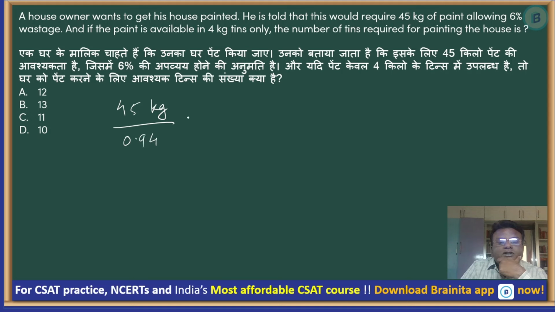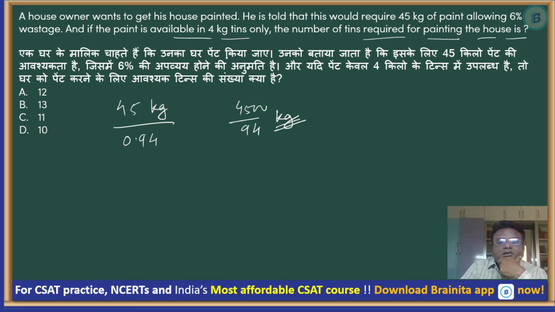This much amount he will need for painting. If the paint is available in 4 kg tins, find the number of tins required for painting the house. So basically, he needs 45 divided by 0.94 kg, right?